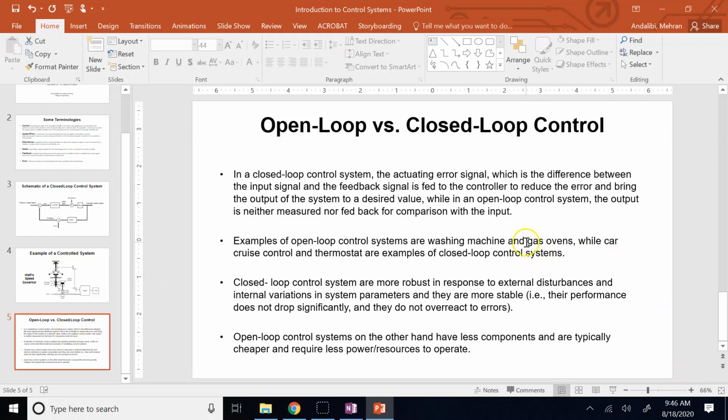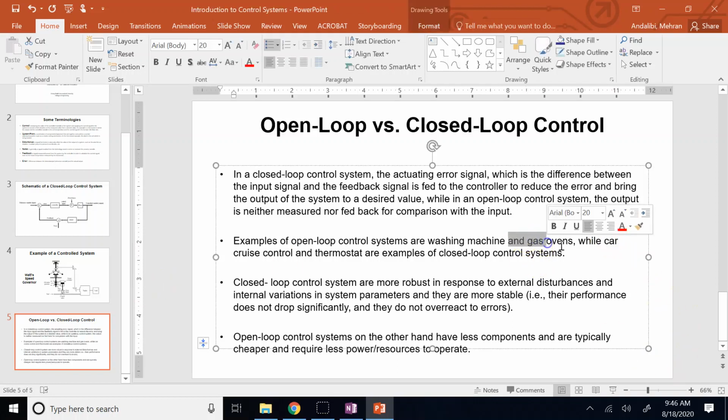Or gas oven, right? When you're baking something, do you exactly have a mechanism that measures the readiness of the food? So it says, okay, now I guess the food is ready, or we are barbecuing something. It says, well, I think now the steak is ready. It's well done, or medium rare, or something. And I guess now it's time to turn the grill off. Do you have a sensor like that?